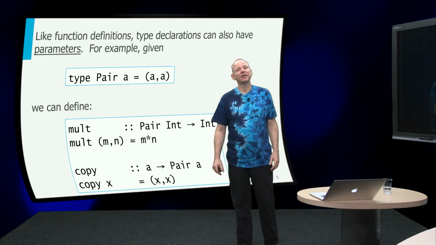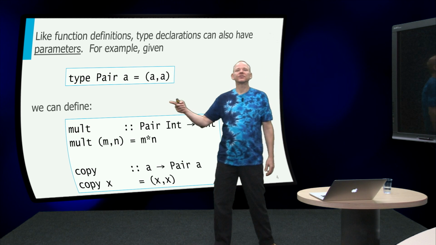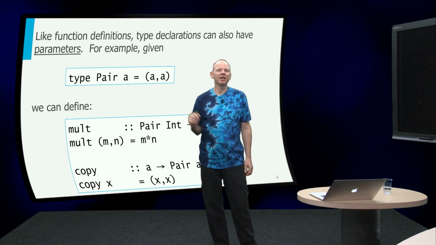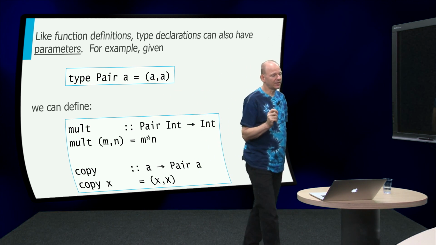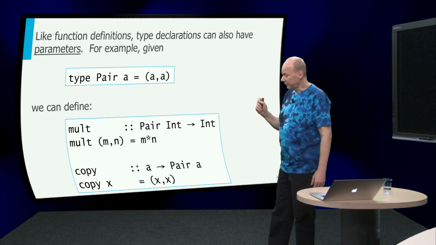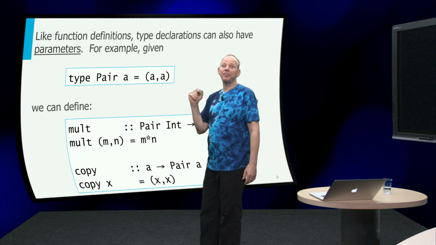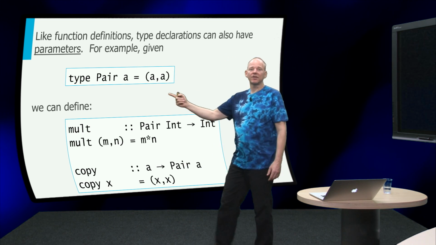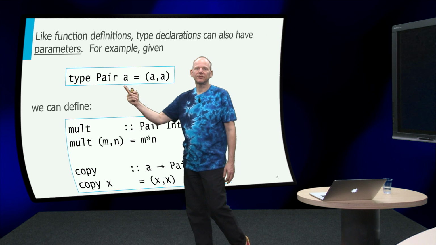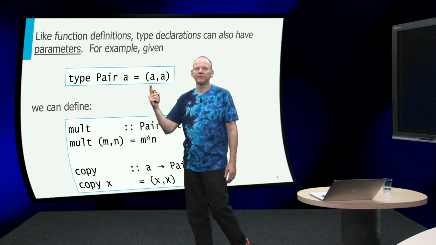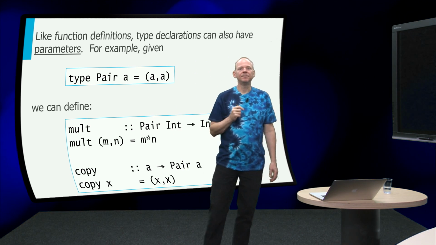Another example here is a parameterized type alias. Here we define the type of pairs of type a as pairs of type a. See? So the type of pairs of values of type a are pairs of values of type a.